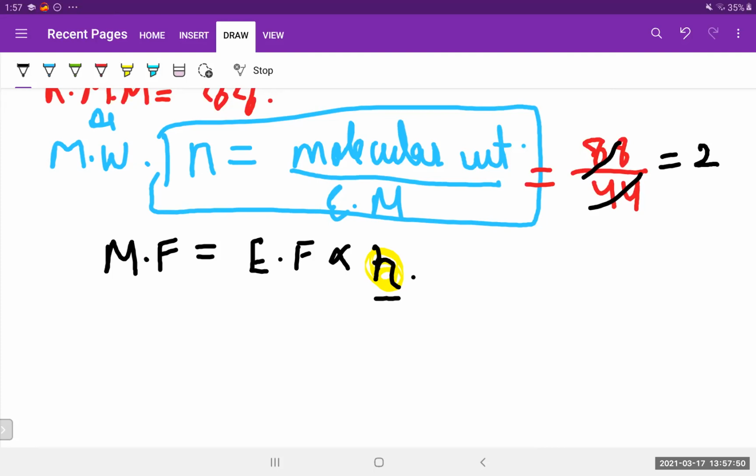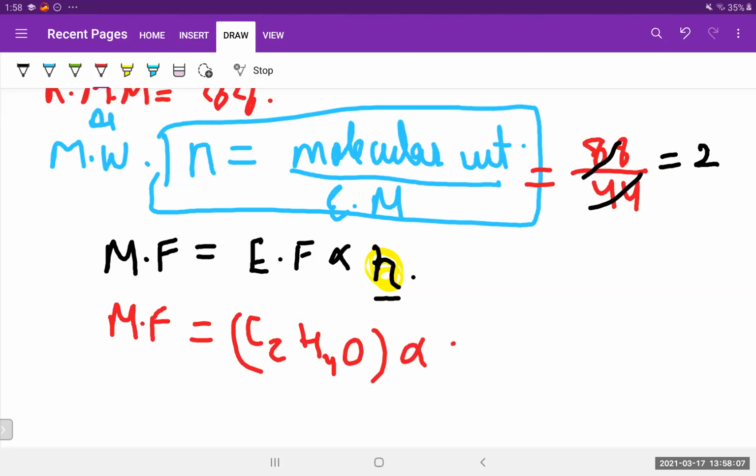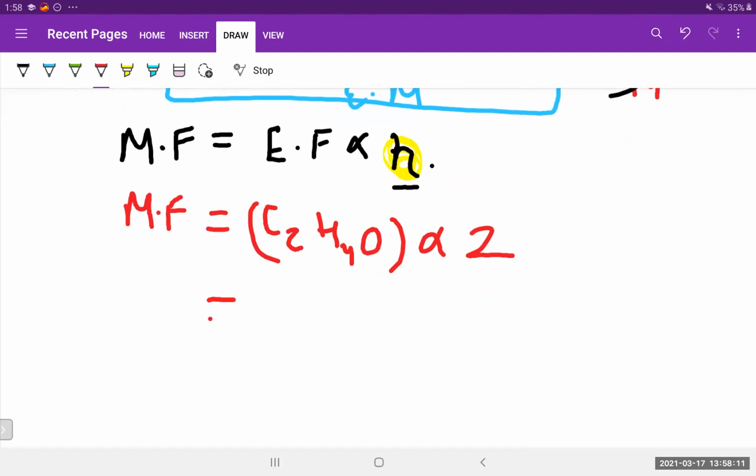Let's calculate it. In the place of MF, that is molecular formula, we'll write the empirical formula. We all know what the empirical formula is which we got: C2H4O, isn't it? N is 2. So let's multiply everything by 2.